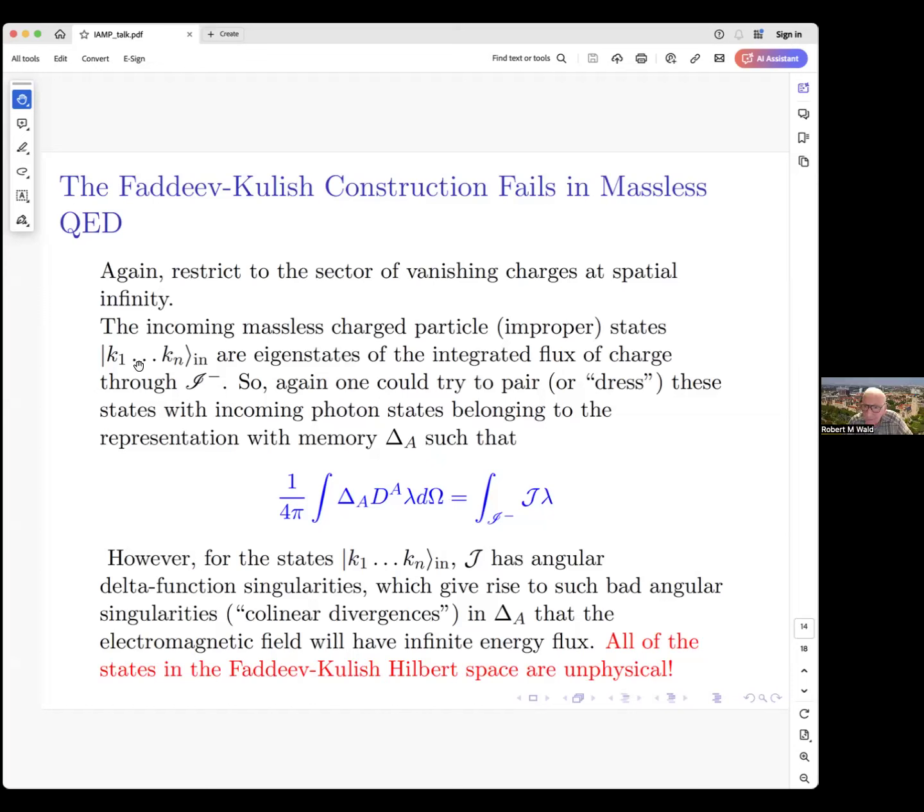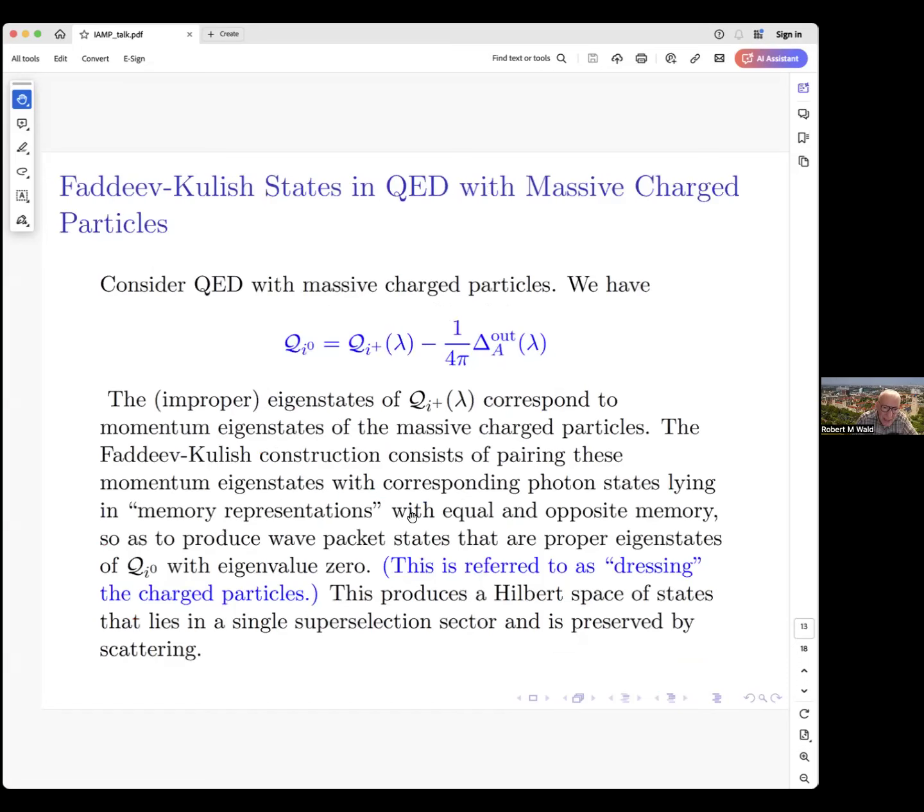Well, this is not a proof that there are no possible ways of doing things. I'm only talking here about doing the Faddeev-Kulish construction in analogy to what's done in massive QED, where you simply dress the charged particles with appropriate memory. Now, the dressing, even in massive QED, is quite arbitrary.